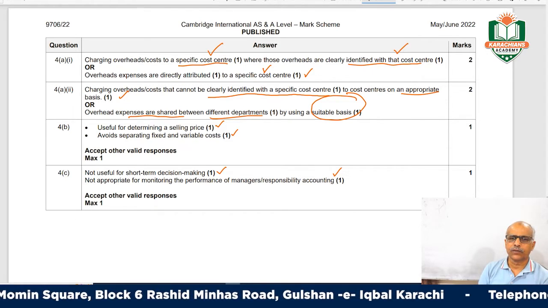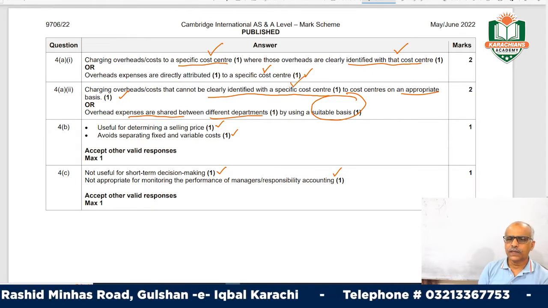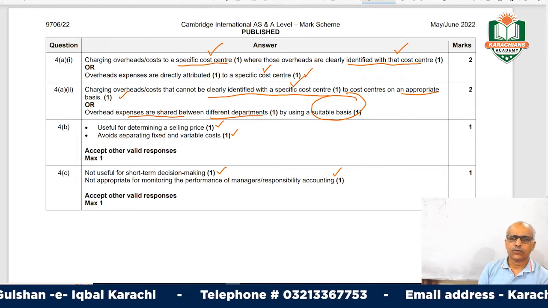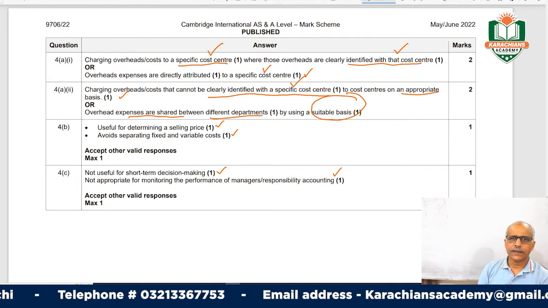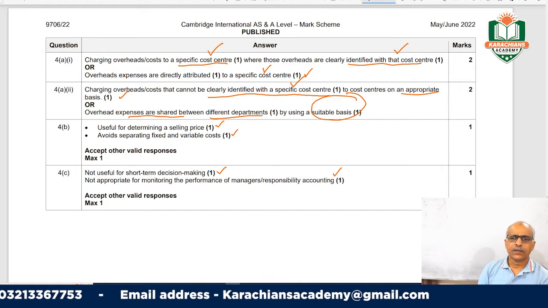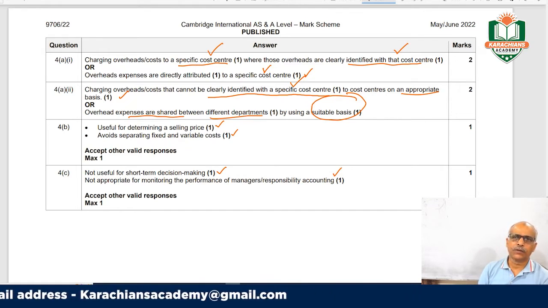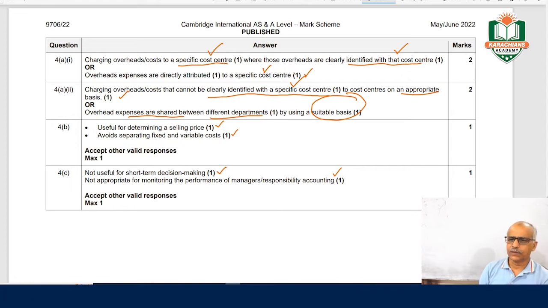Charging overhead that cannot be clearly identified with a specific cost center. Those costs you cannot identify with a particular cost center, so you apportion them on some appropriate basis.